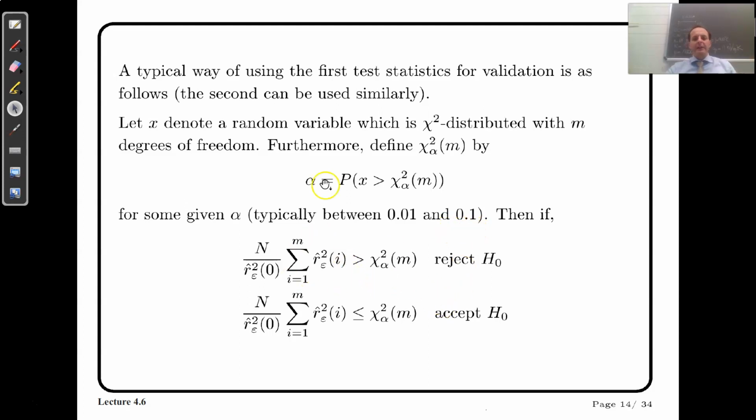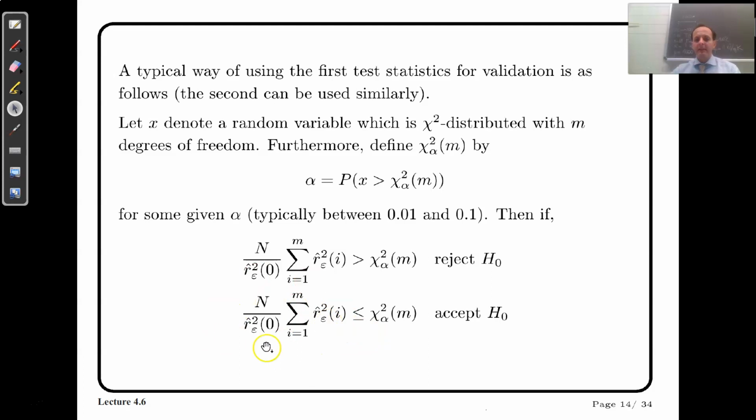Then, if the value of the variable is greater than the value of the chi-square distribution, which can be found in tables and is about 21 for m equal to 8 and alpha 0.01, it means that the residuals are not white, so we can reject the hypothesis of residual whiteness.